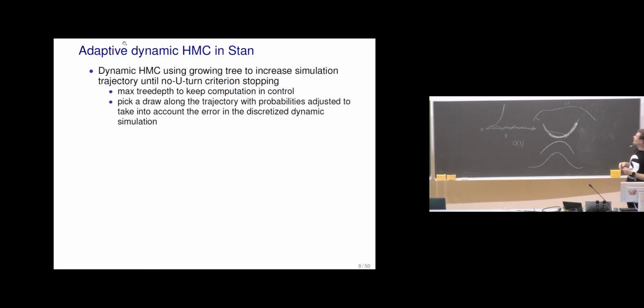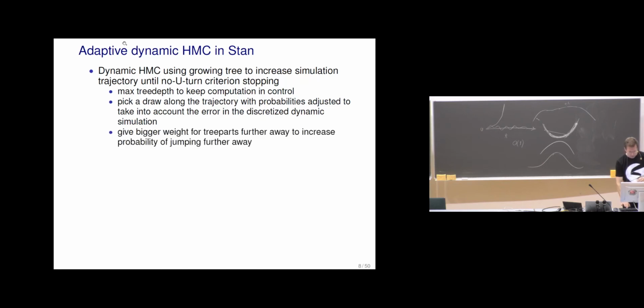And then I already mentioned that we pick a draw along the trajectory with probabilities adjusted to take into account error in the discretized dynamic simulation, and give bigger weight for tree parts further away to increase the probability of jumping further away.